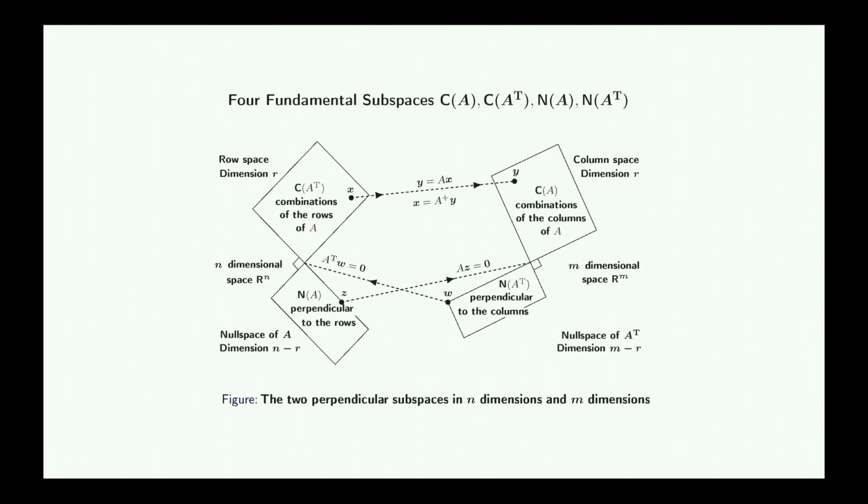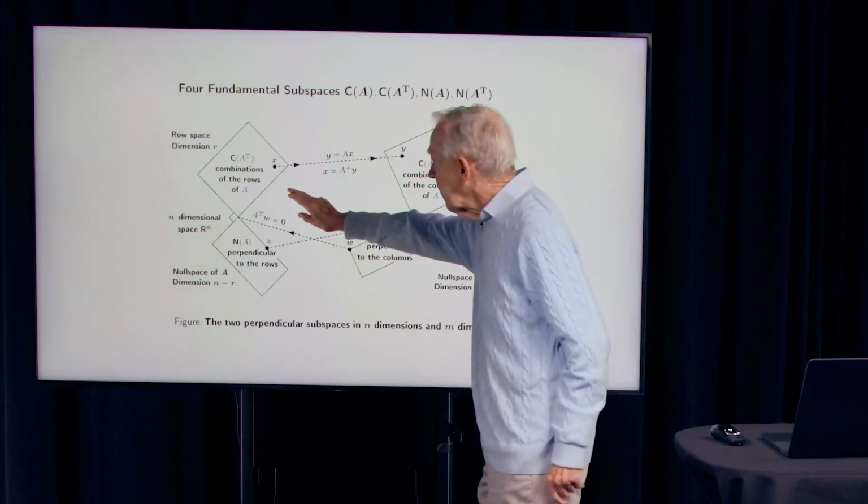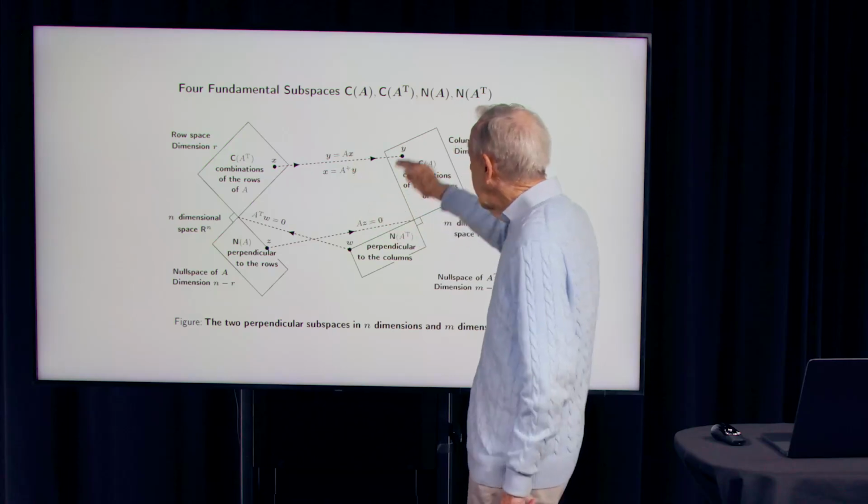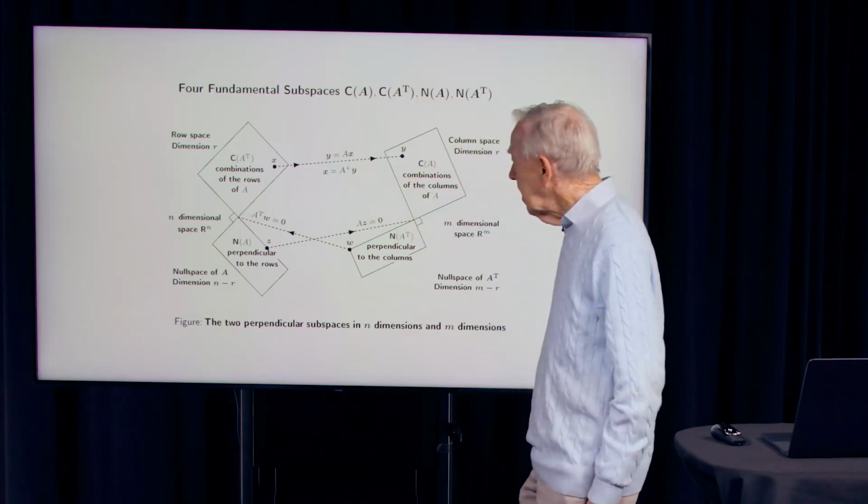Okay, just to finish up on the pseudo-inverse, which is a cool idea, let me come back to the main slide of the whole talk, the 4 subspaces, and ask what the pseudo-inverse does. You remember what the matrix A does. It takes a vector in the row space, multiply by A, you get something in the column space.